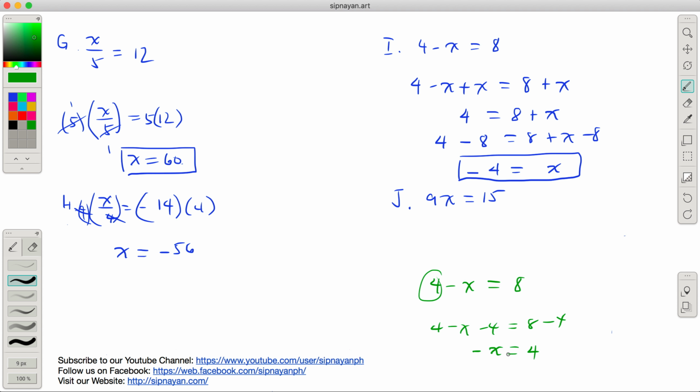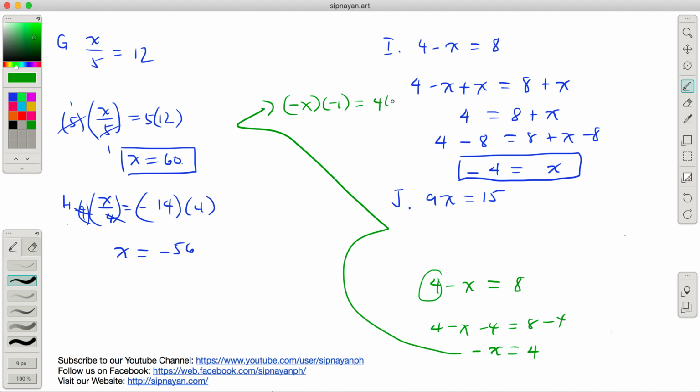But in equations, our x should be positive, not negative. In general, that's the rule. So how do we remove the negative here? We can remove it by either multiplying by negative 1 or dividing by negative 1. So, for example, negative x times negative 1, multiplying both sides by negative 1.